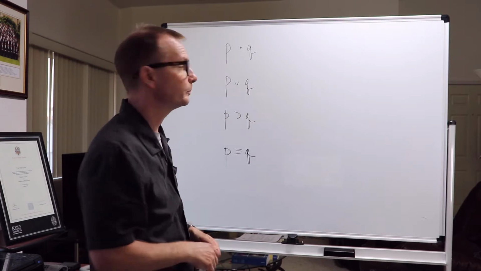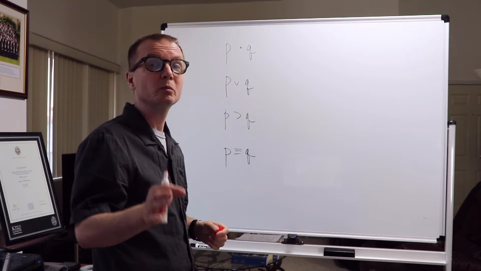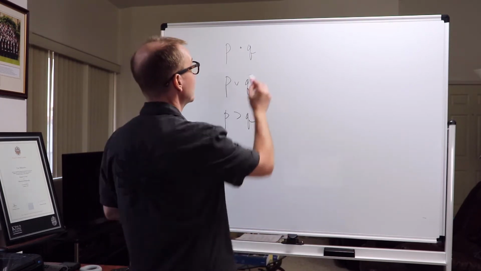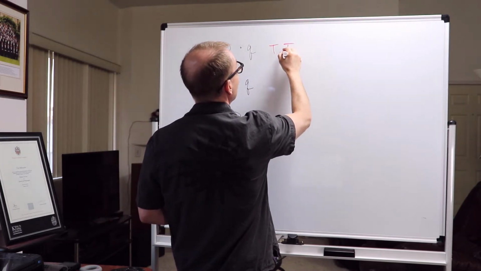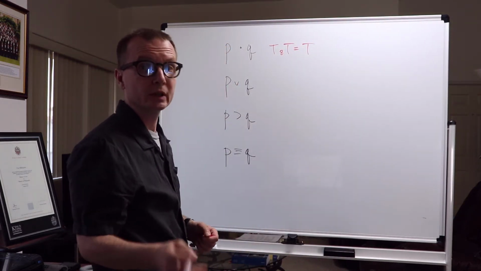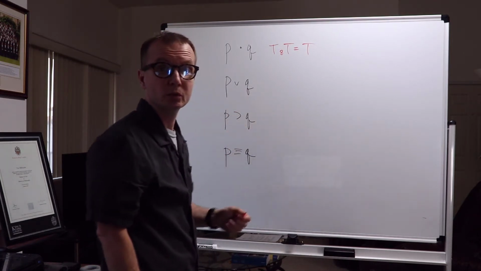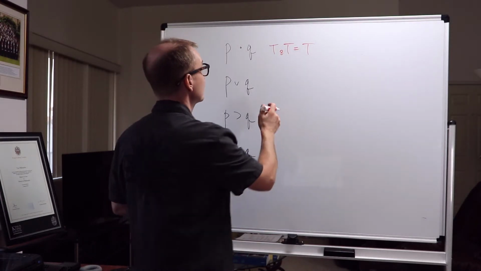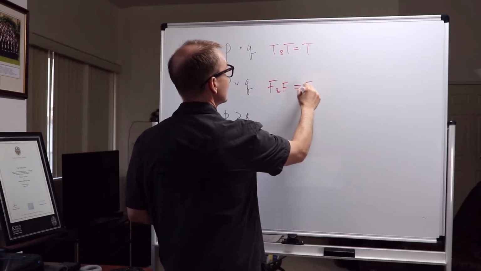In case of P and Q, you have to remember one particular situation, and you have to remember it very well. If both of them are true, then the result is also true. In case of P or Q, there is only one situation as well, and that is if both of them are false, then the result is false.